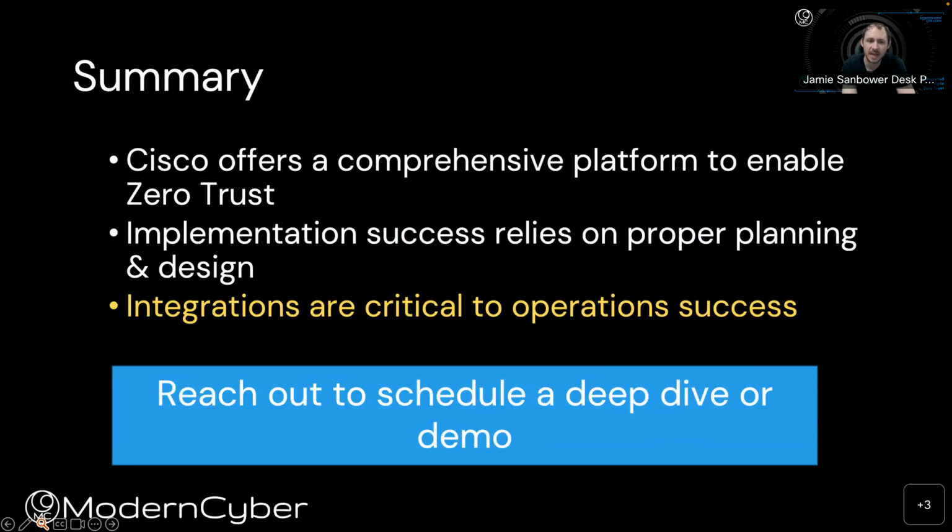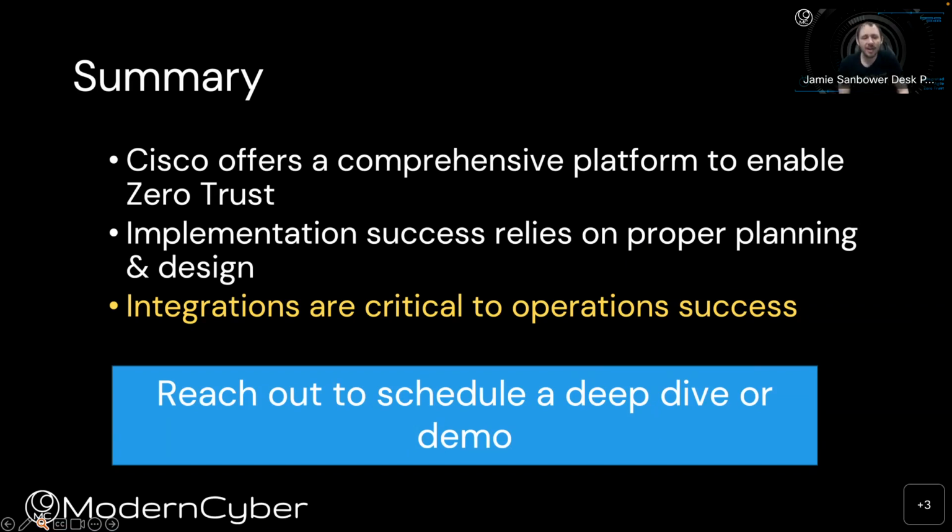How are you going to scale up policy to implement least privilege? How are you going to integrate context and policy engines across your organization? And the key is those integrations, to make sure that operations can actually scale up for some of these challenges.